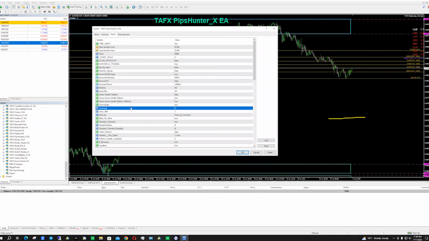Setting number 1 here will still be our zone limit. When I double click zone limit here, I will set this to 100, because I just want to loop back 100 candles to where our supply zone is, in order, sorry for that.